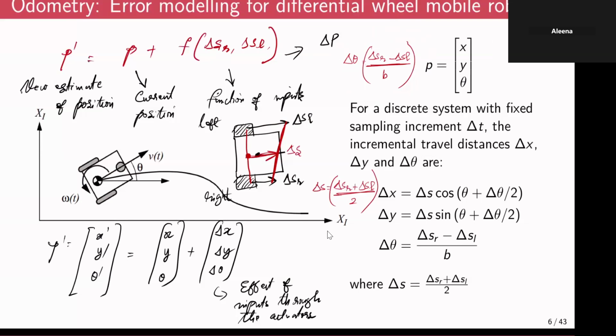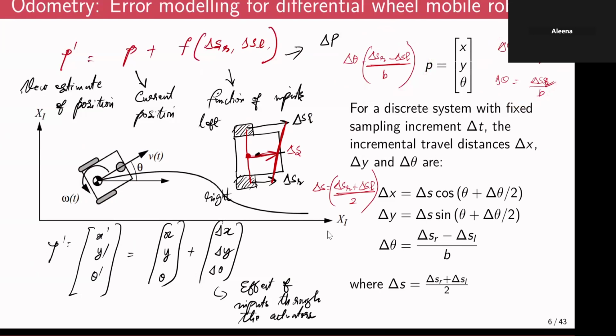So you consider only the left wheel to be rotating at first. You will get delta theta as minus delta SL by B. And if you consider only the right wheel to be rotating, then delta theta would be delta SR by B. If you superpose these two results, you will get this expression. That's how we got this expression.